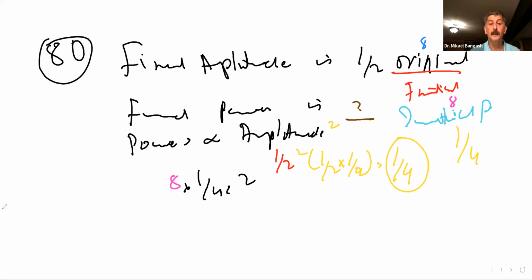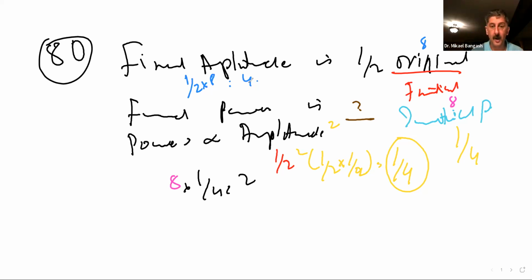The final amplitude is going to be 1/2 multiplied by 8, which means it would be 4.